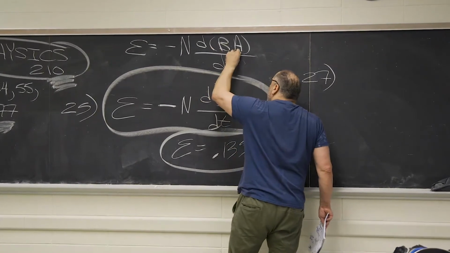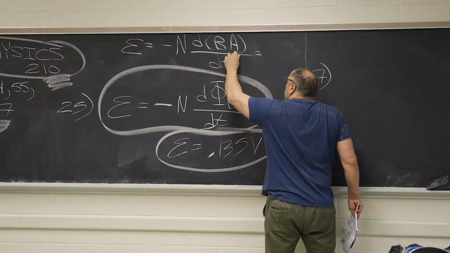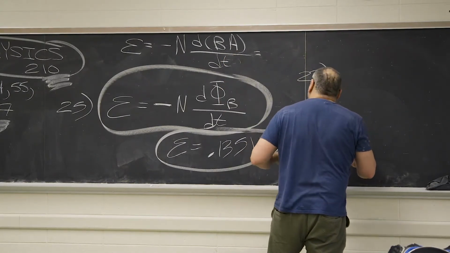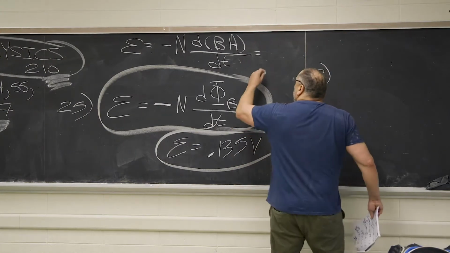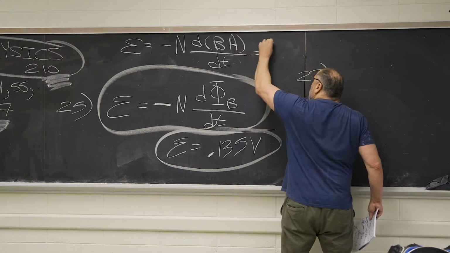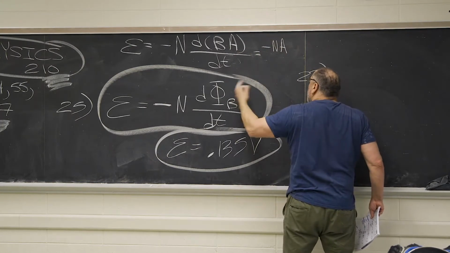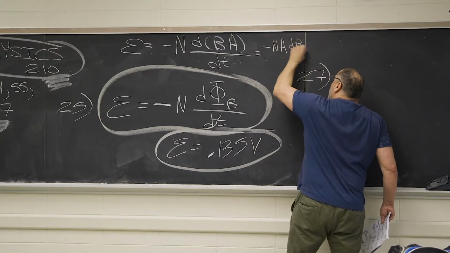B could be a function, A could be a function. In this particular case, the B field is varying while the area is not varying. If the area doesn't vary, you can take it out of the derivative, because the area is a constant in this particular problem. And it's coming out to something like this.